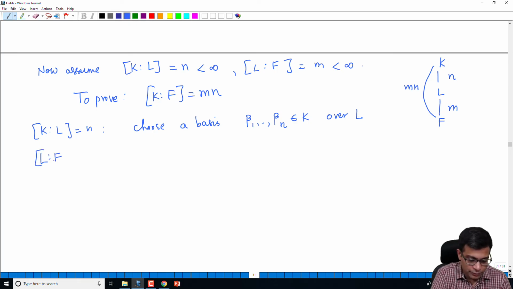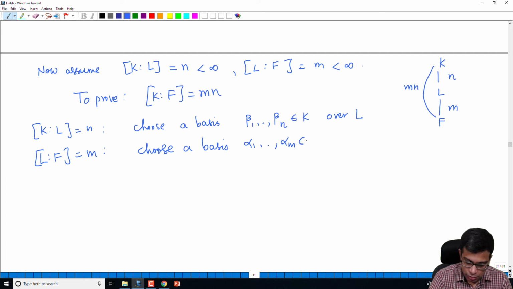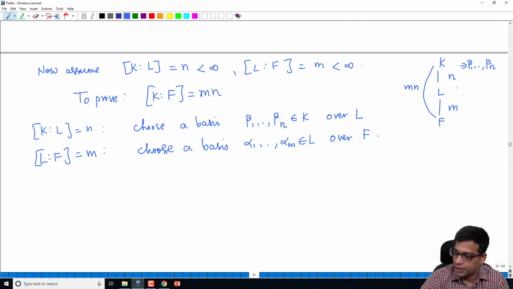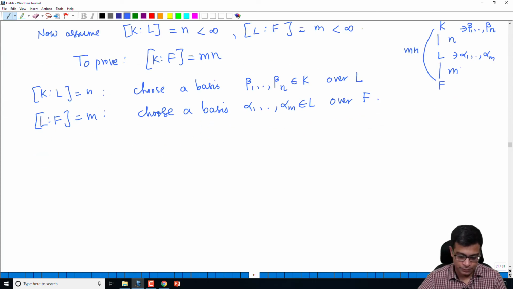L colon F is M, so similarly we can choose a basis alpha 1 through alpha m of L over F. So just to simply keep track of what we are doing, I have beta 1 through beta n here, alpha 1 through alpha m here, right? Beta 1 through beta n form a basis of K over L, alpha 1 through alpha m form a basis of L over F.